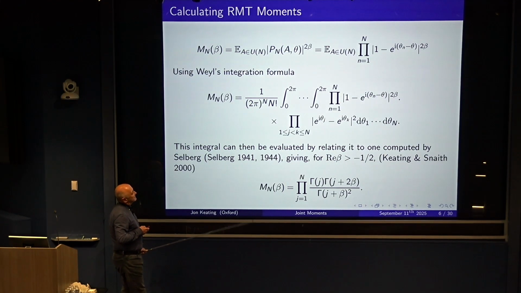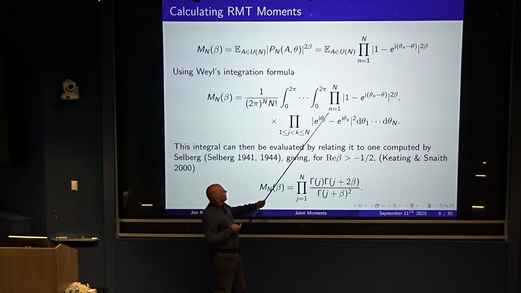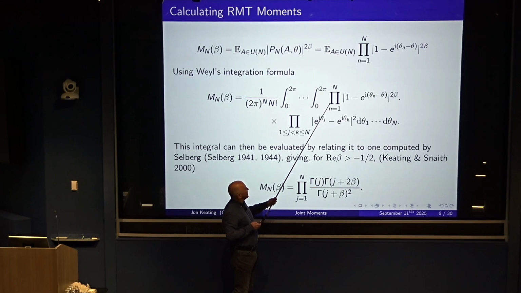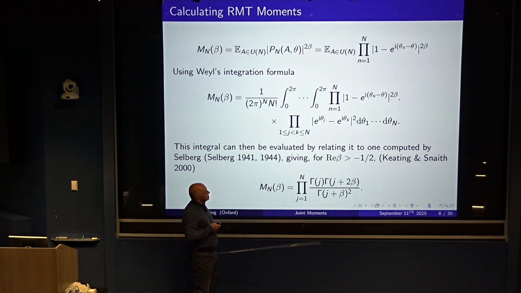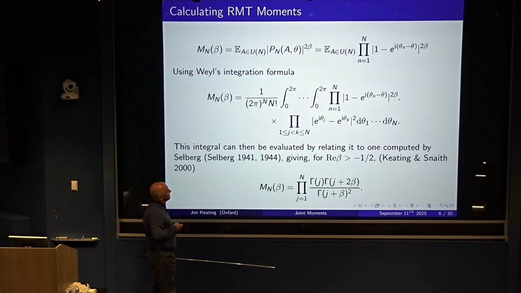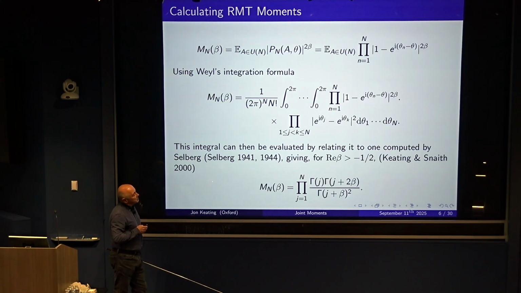What appears is the characteristic polynomial, the thing you want to average, and then the measure on the eigenvalues, which is given by the square of the Vandermonde determinant. And this integral you can compute. It's exactly computable. This was done by Selberg in the early 1940s. It's a special case of an integral that he computed. And this is the answer.